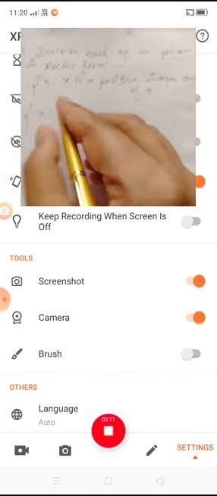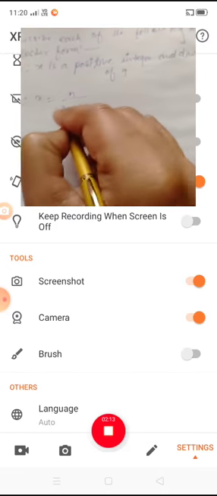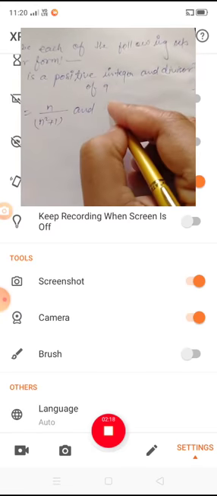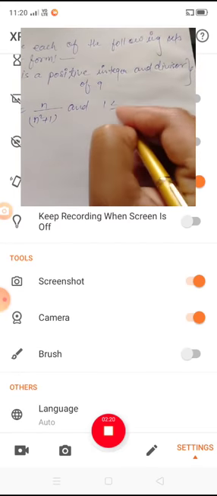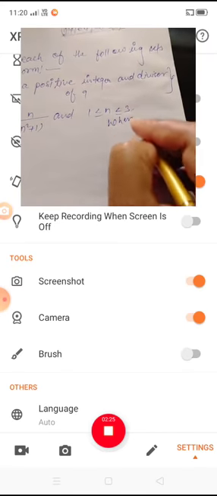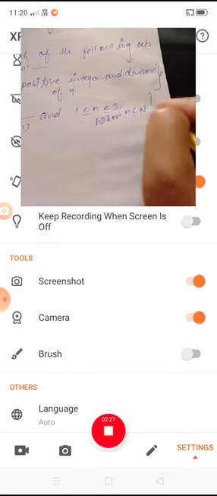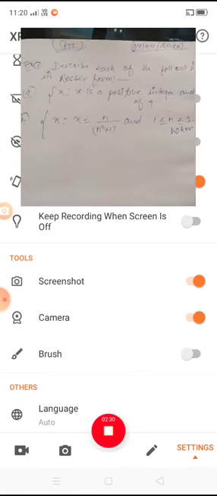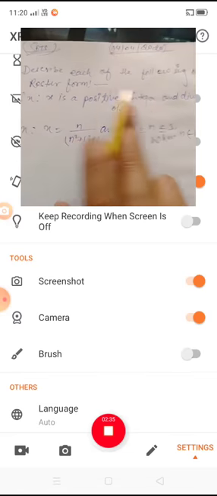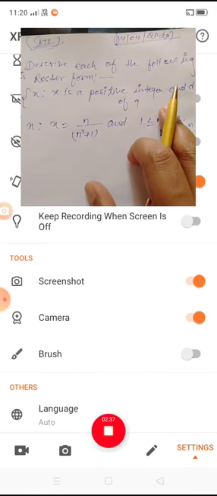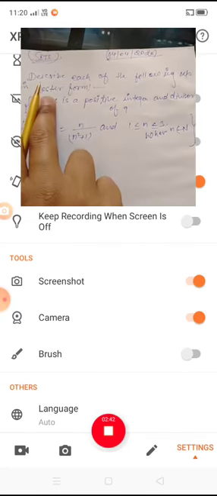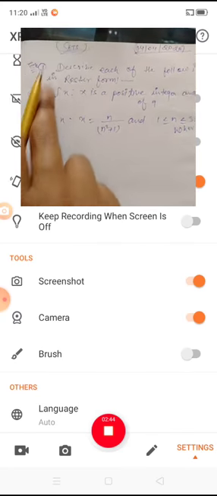The second question is {x such that x is equal to n upon n square plus 1, and the variation of n is 1 less than or equal to n less than or equal to 3, where n belongs to natural numbers}.